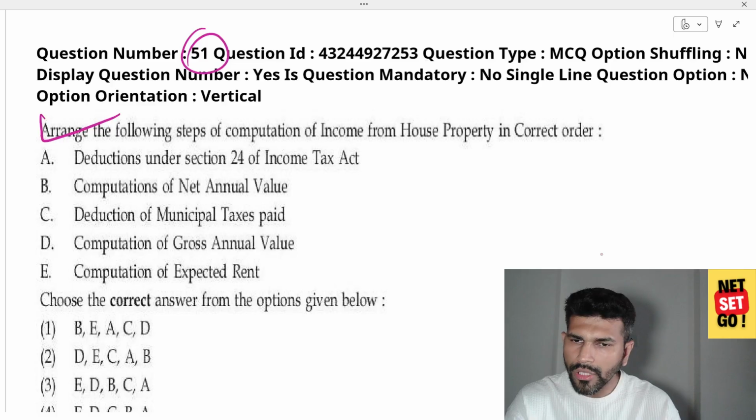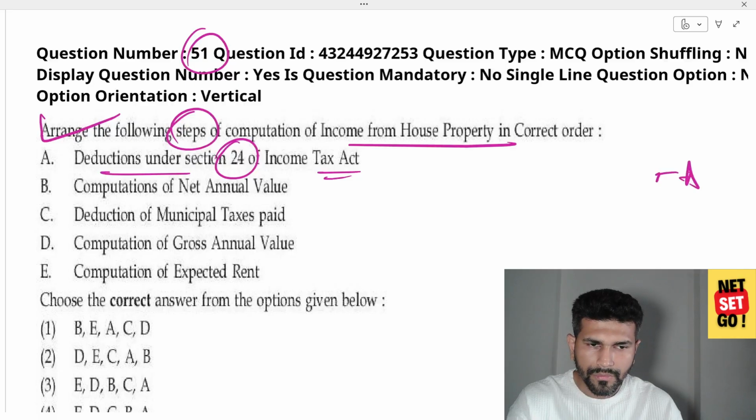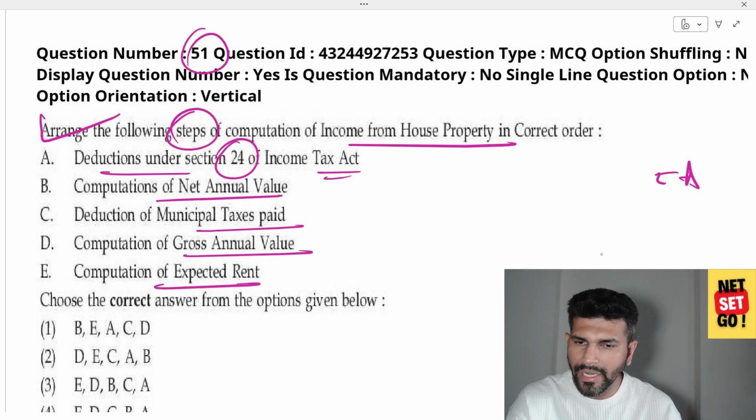Next, arrange the following steps of computation of income from house property in the correct order. Deduction under section 24 of the Income Tax Act. This will be the last step. Computation of NAV, deduction of municipal tax, computation of GAV or expected rent.